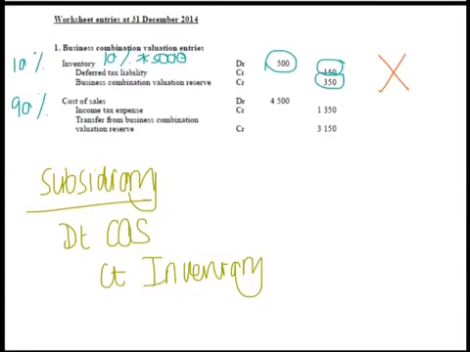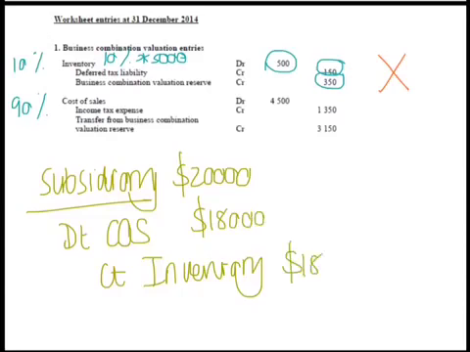So with regards to the $20,000 inventory on hand in the subsidiaries accounting record, if 90% of that was sold during the year, we debit cost of sales with $18,000, credit inventory $18,000.